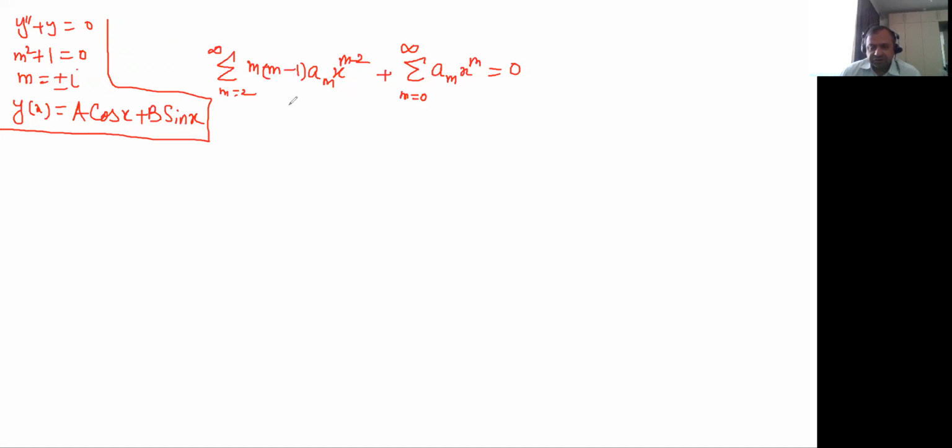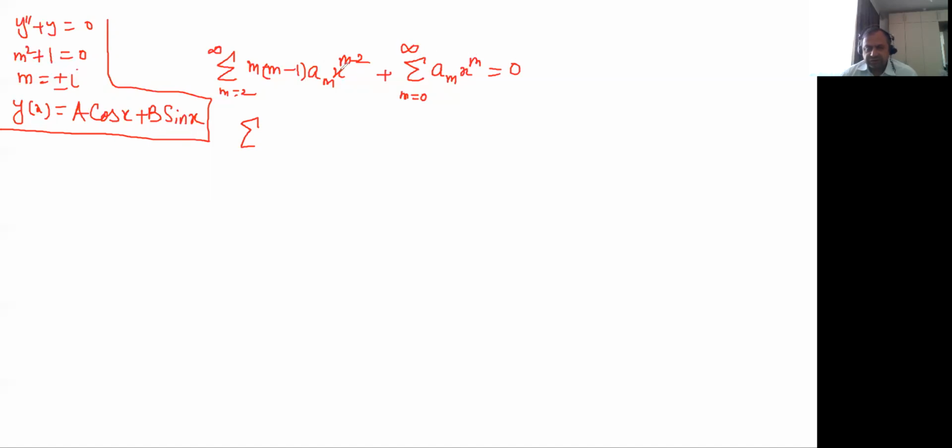Okay, so for this purpose, what I can do is I will take the next two terms over here. There are two ways to look at this process. I can make both terms x power m and x power m. This term is already x power m.